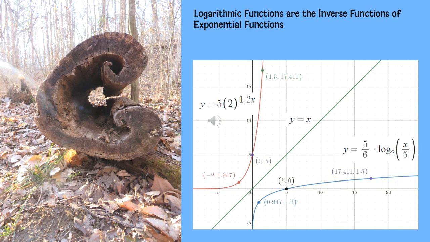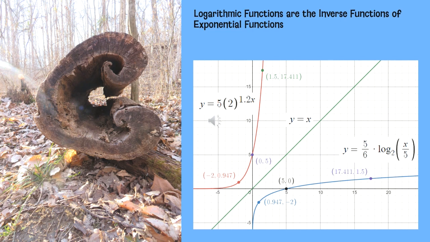So what was an x will be the y on the inverse function, and vice versa. So we have a couple of other points that we see are reversed. On the exponential function, when x was 1.5, y was approximately 17.411. On its inverse function, the log base 2 function, when x is 17.411, the output, or y, is 1.5.